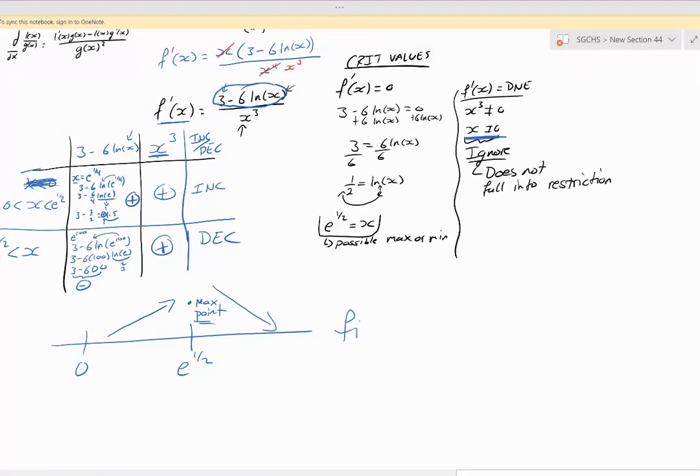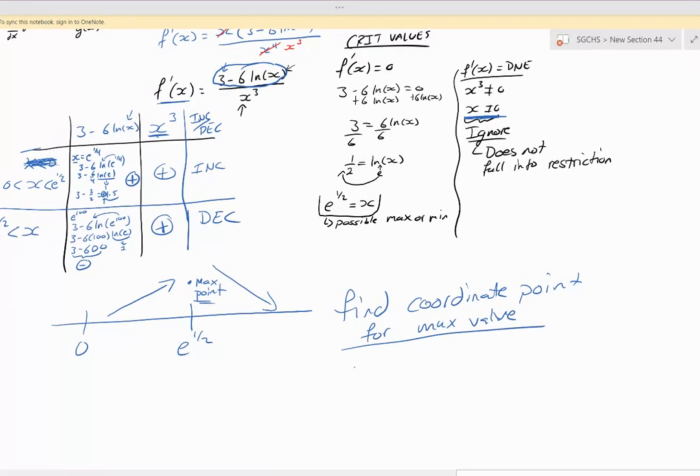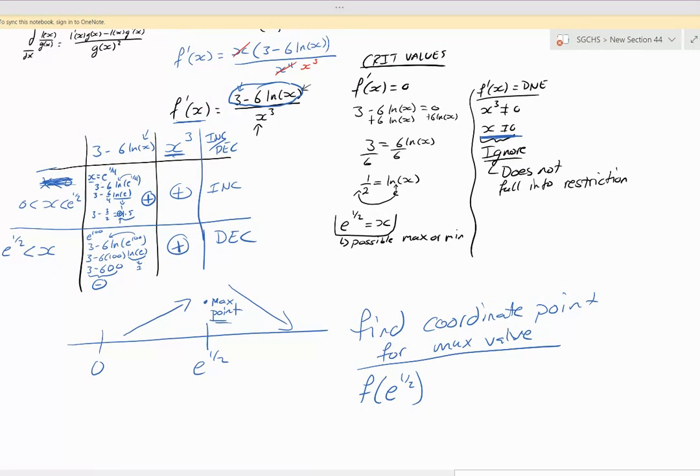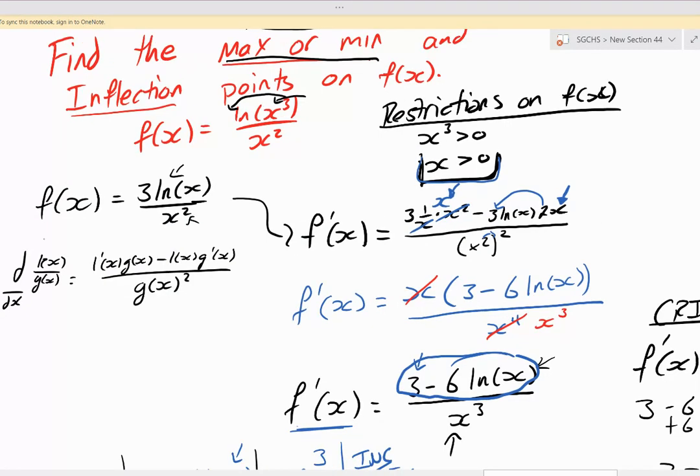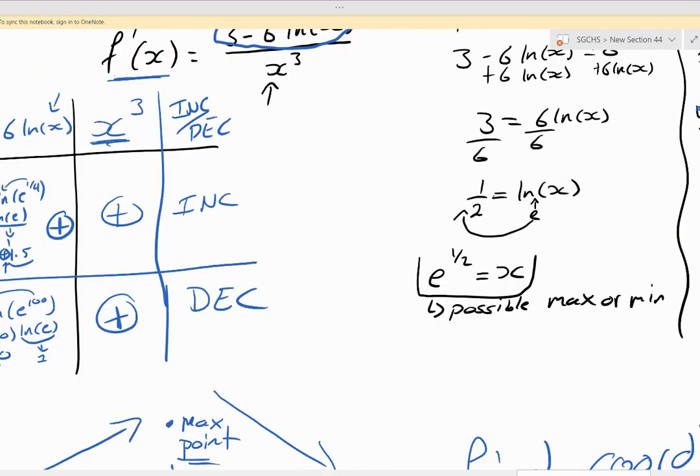So find the coordinate point for the max value. Well, the way I'm going to do that is I'm going to plug in e to the 1 over 2 into my original function f. So remember, my original function here is 3 ln x over x squared.